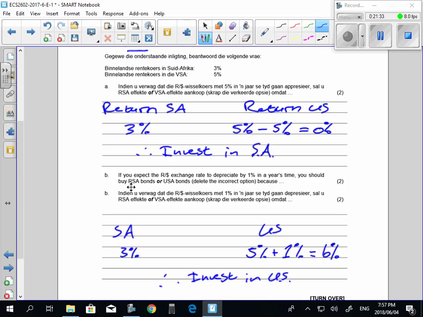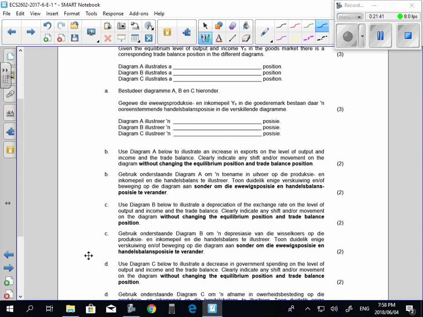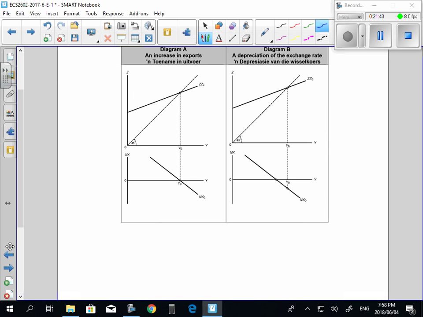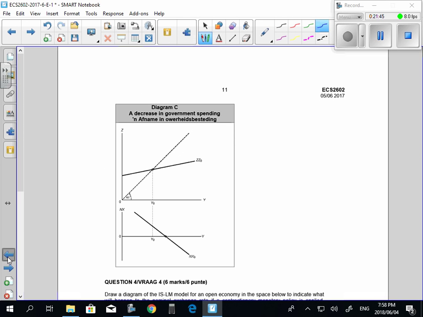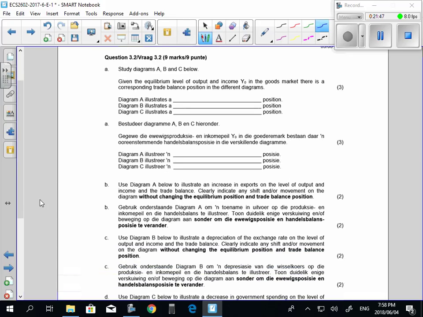Now, question 3. Given the following diagrams on the next pages, given the equilibrium level of output and income in the goods market, there is a corresponding trade balance position in the different diagrams.